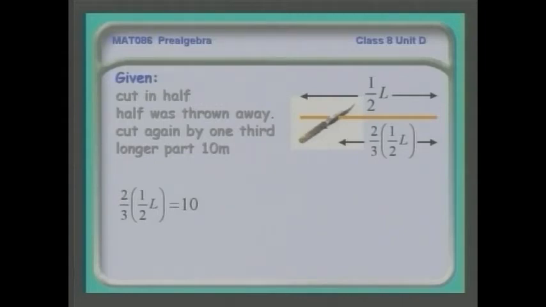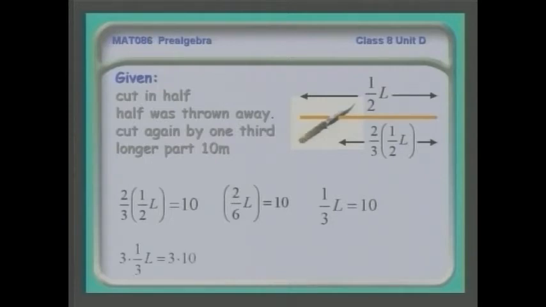2/3 of 1/2. 2/3 times 1/2, I multiply that out. 2 times 1 is 2. 3 times 2 is 6. So I have 2/6 of L is equal to 10. I can reduce 2/6. There's a common factor of 2 between the numerator and denominator. I finally wind up with the equation that 1/3 of L is equal to 10.